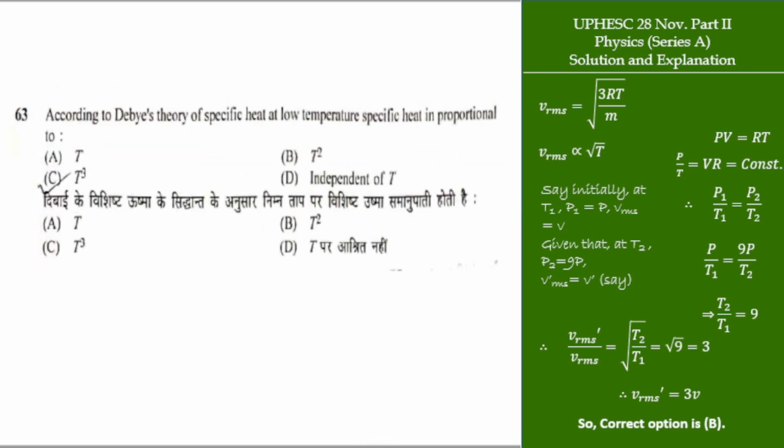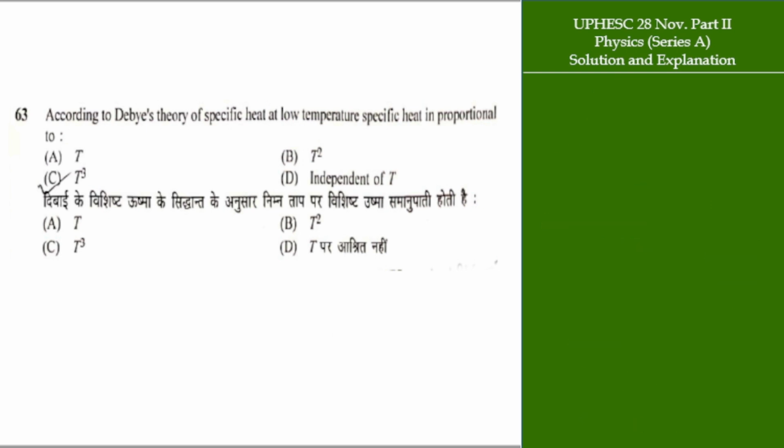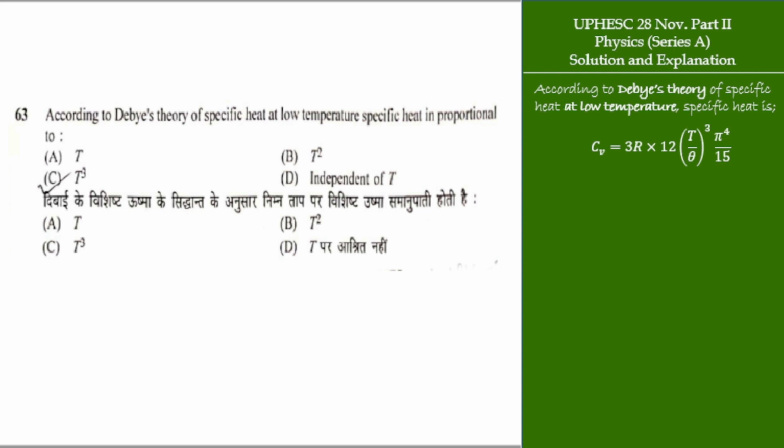Now next, question number 63. According to Debye's theory of specific heat at low temperature, specific heat is proportional to. So according to Debye theory, at low temperature, the specific heat is given by this formula.